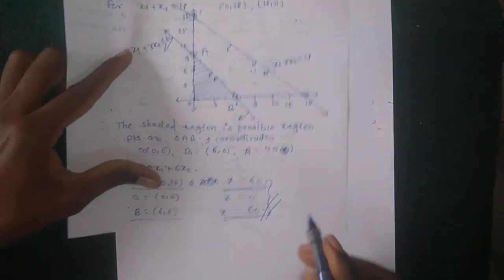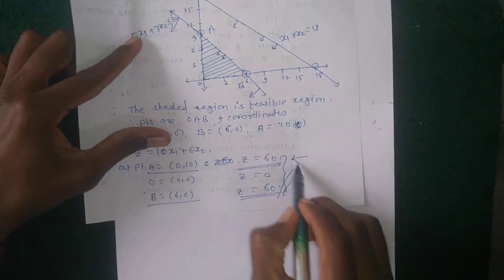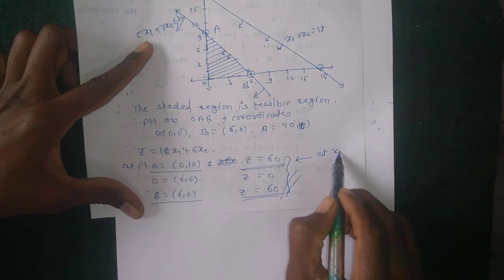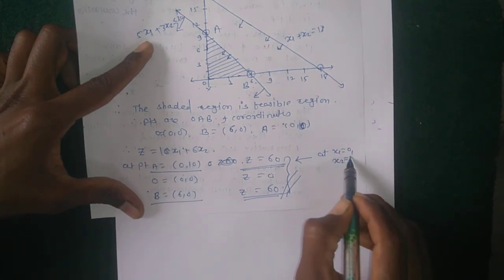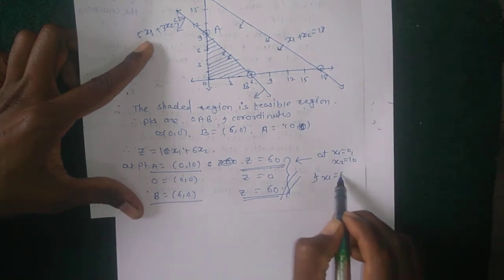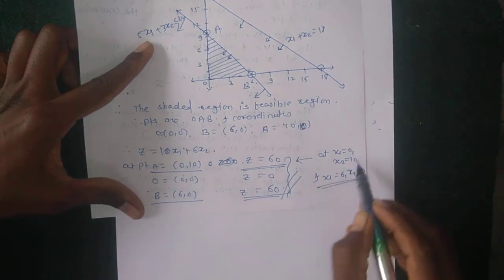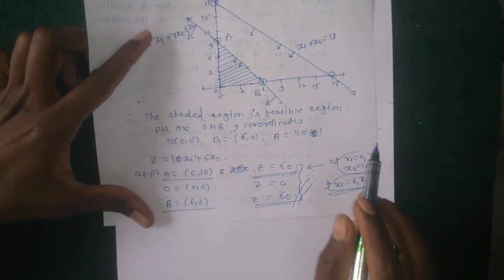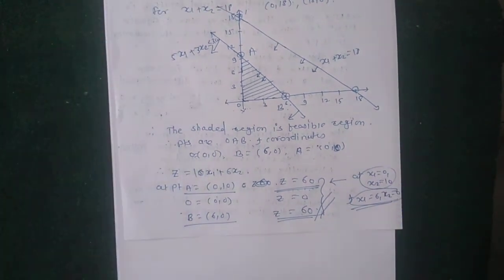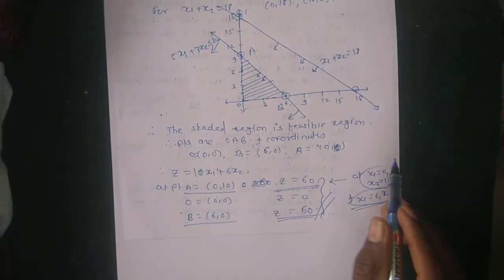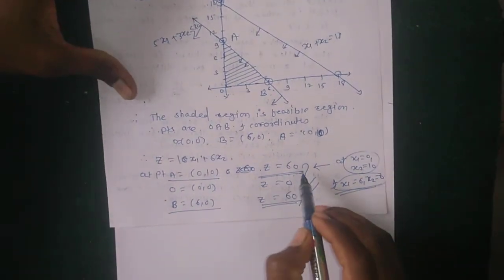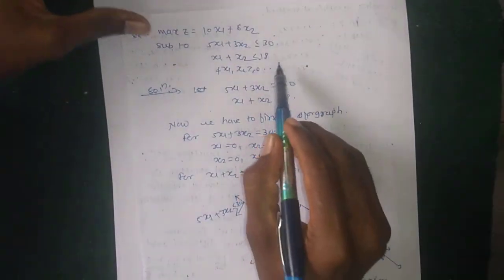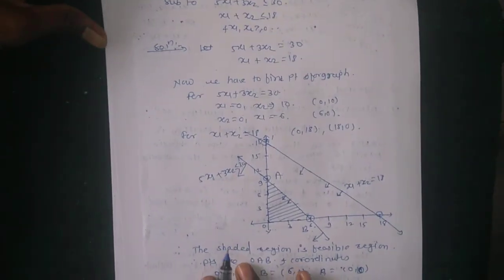Therefore the maximum value of z is 60 at x1 = 0, x2 = 10 and at x1 = 6, x2 = 0. These two different points have the same objective value 60, and therefore this problem has an alternative solution.